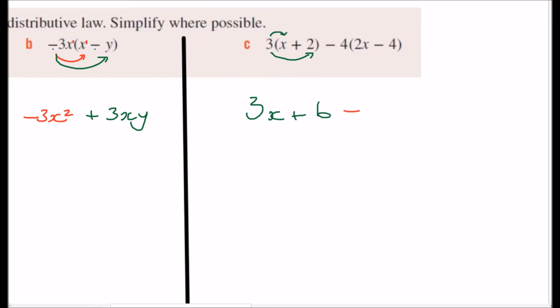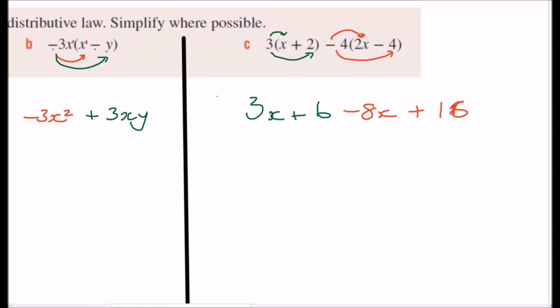Take away, 4 times 2x is negative 8x. And then negative 4 times negative 4. If you put the two negatives together, it becomes plus 16.